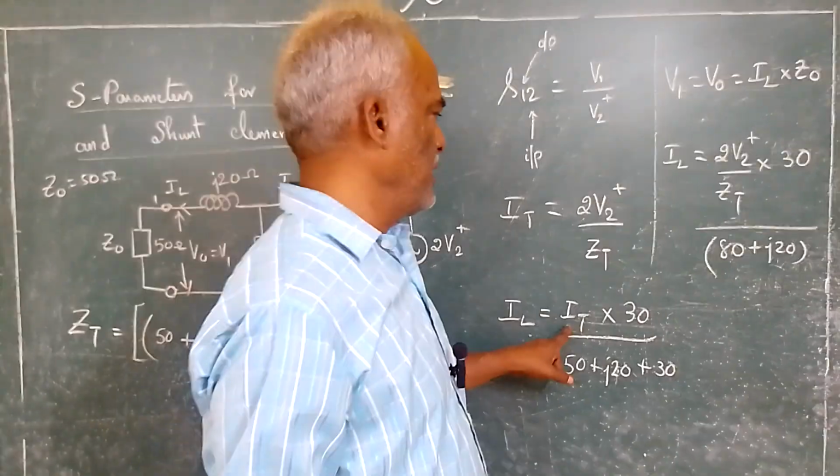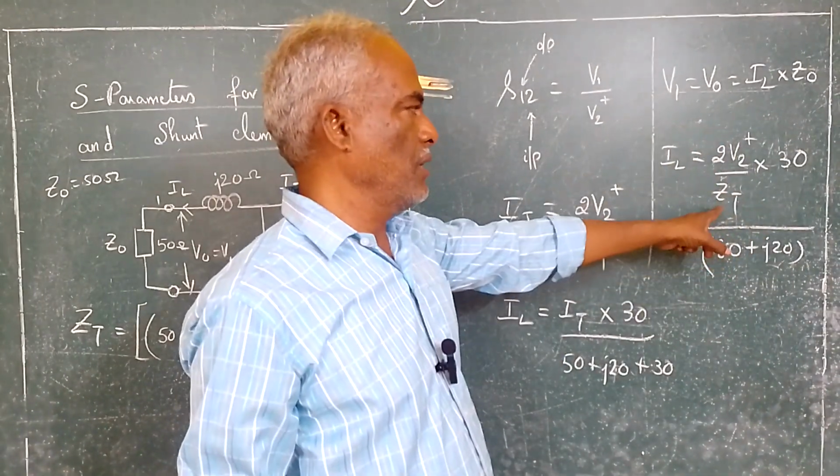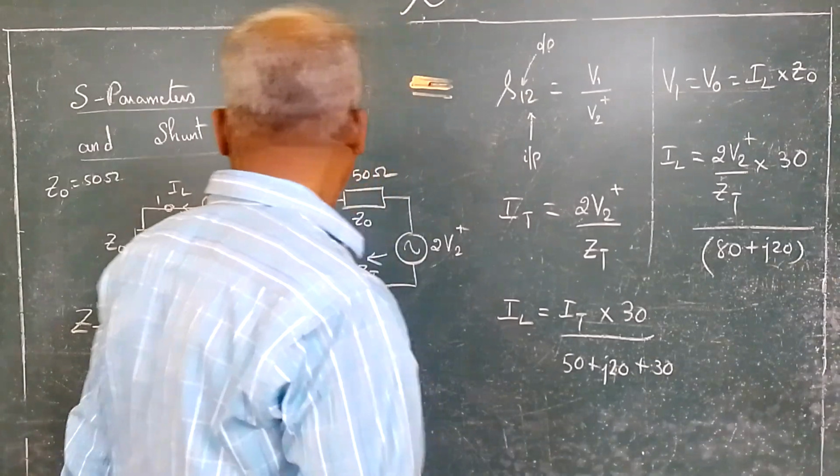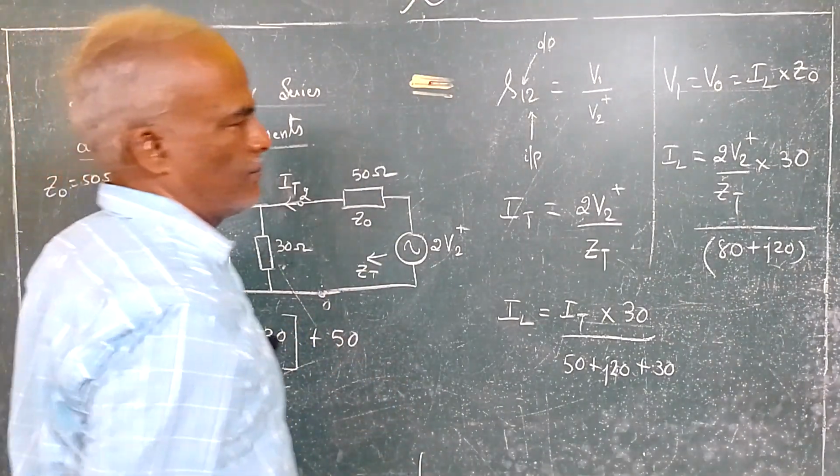So in the place of IT I substituted this, but I know the value for Zt also. If you calculate this, you will get Zt.